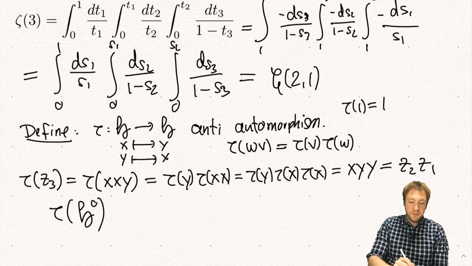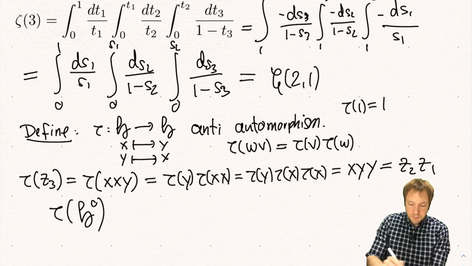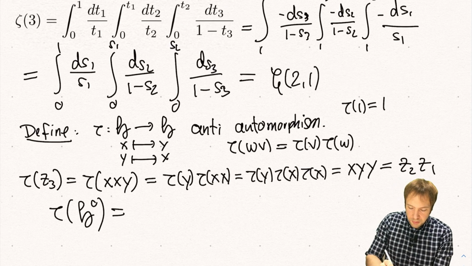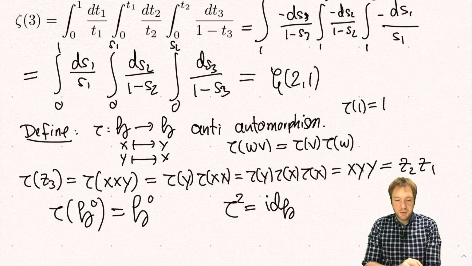So in other words, this H0 is invariant under tau. And also this tau is an involution. So in other words, tau squared is the identity. And also this means that tau H0 is just H0.